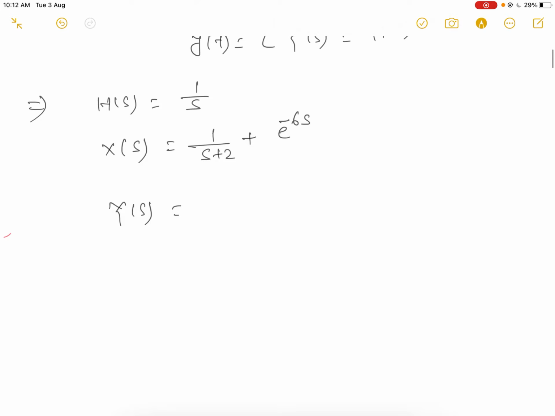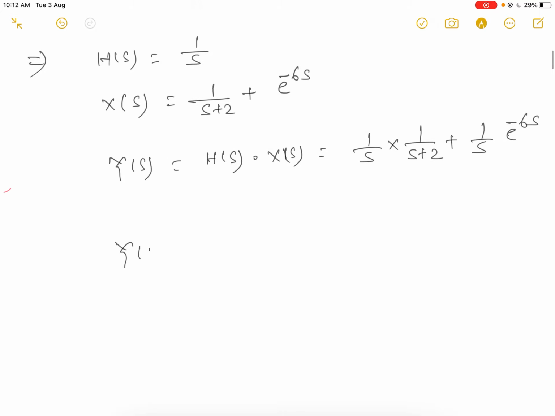Then Y(s) will be H(s) into X(s). So 1 upon s into 1 by s plus 2 plus 1 by s e to the power minus 6s.